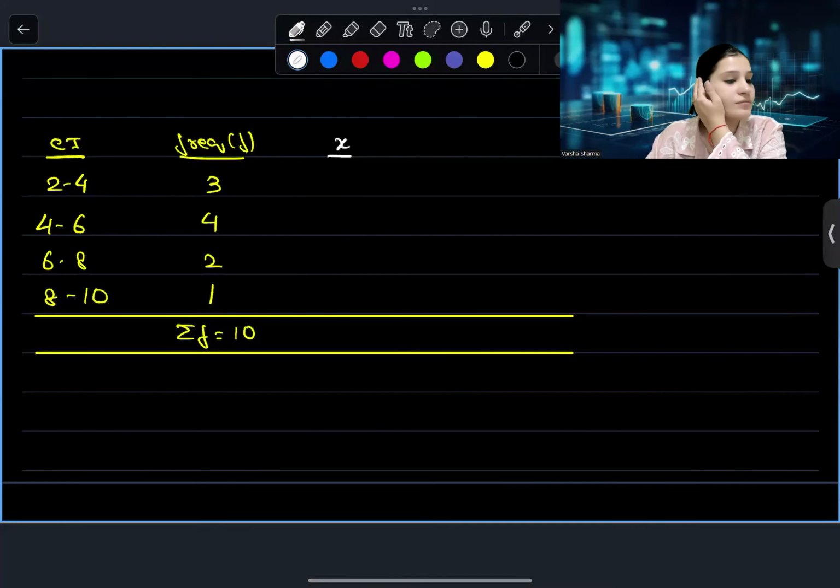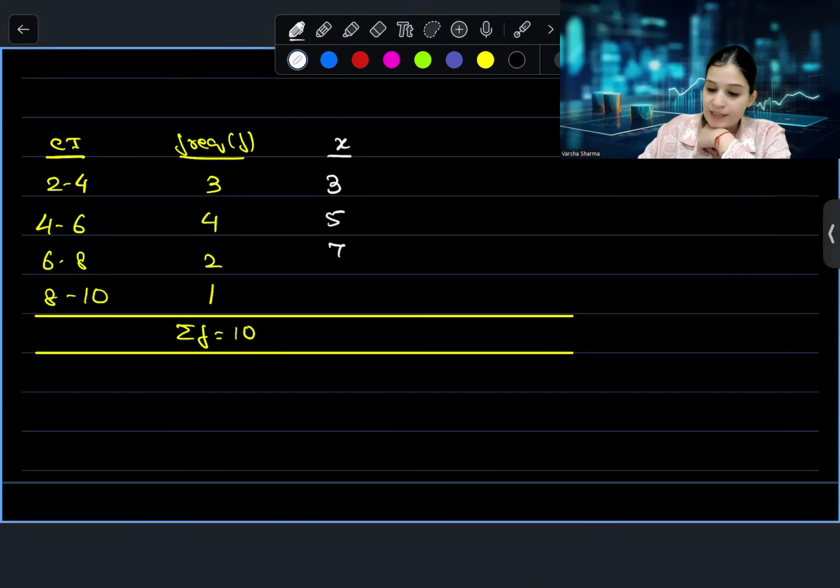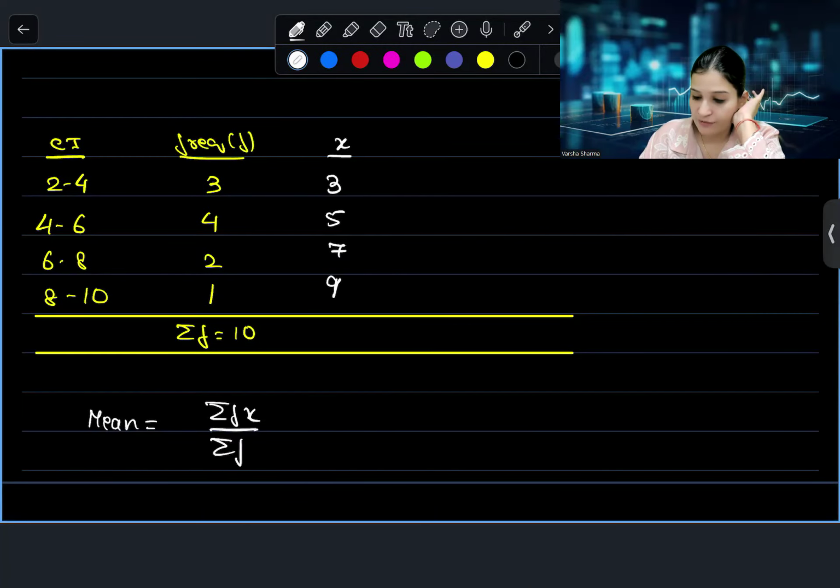What are the mid values? 3, 5, 7, 9. 2 plus 4 by 2, 4 plus 6 by 2, 6 plus 8 by 2, 8 plus 10 by 2. First calculate the mean: summation fx by summation f.